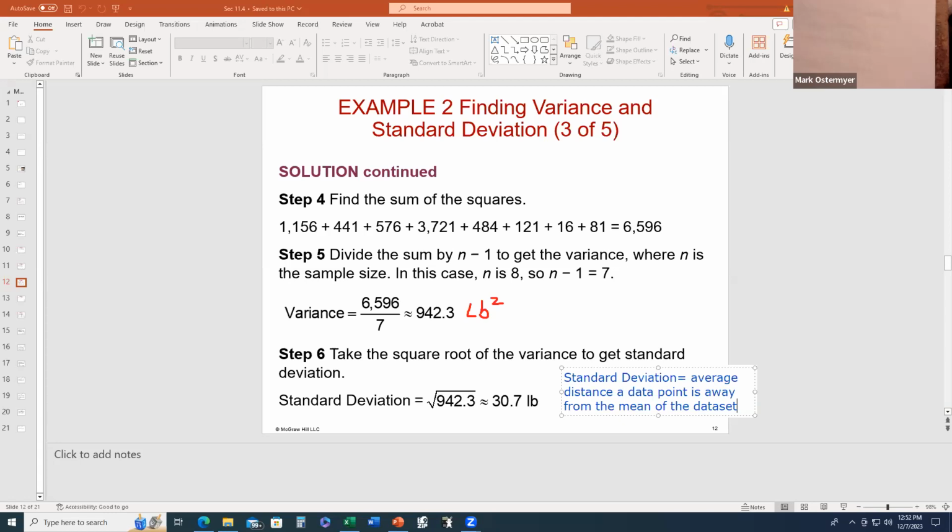In statistics, the universal symbol that is used to represent the variance of a sample is lowercase s squared. That's the symbol to represent the variance of a sample. For a population, the symbol that represents the variance is lowercase sigma squared.